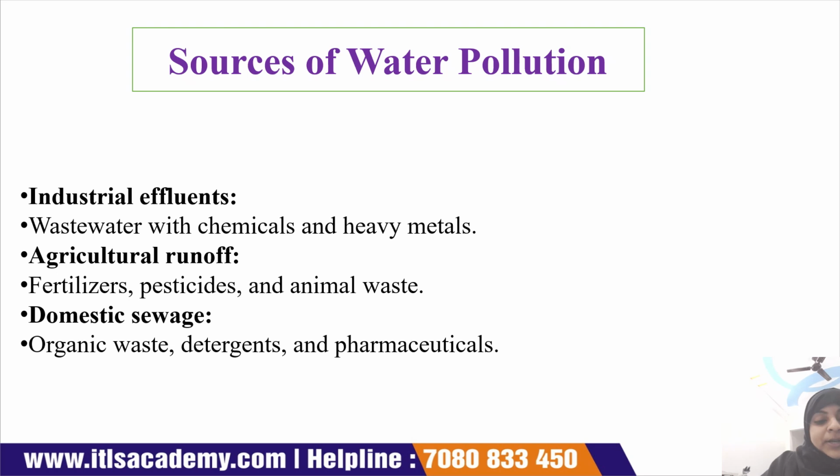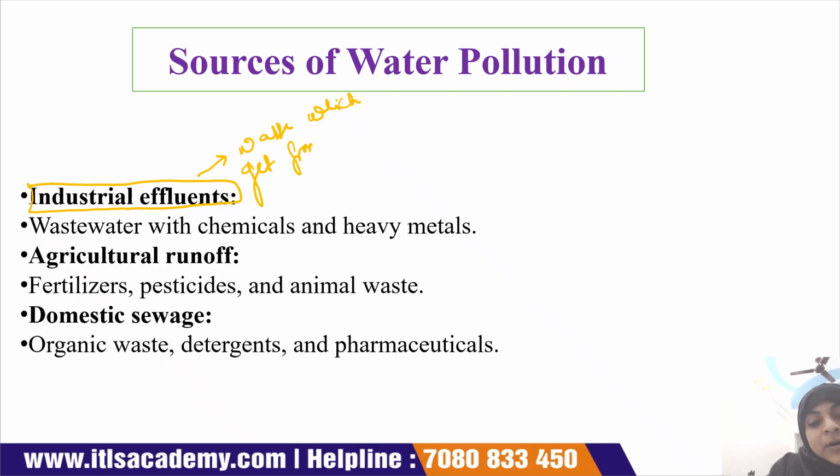Sources of the water bodies. So sources of the water pollution. Water can be polluted by industrial effluents. Industrial effluents means the waste which we get from the industries. Either wastewater with chemicals and heavy metals.